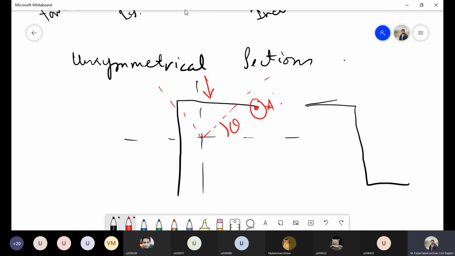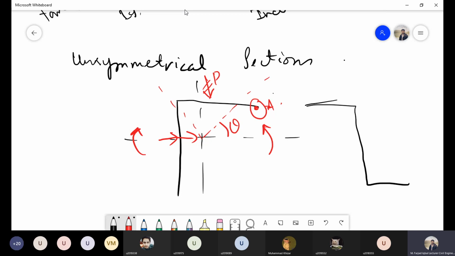The whole idea is the same. First, if this is the load, we have to transform this load onto the centroidal axis, perpendicular to the applied load. Then again I will shift it as per the sign convention which we discussed in the case of unsymmetrical bending.